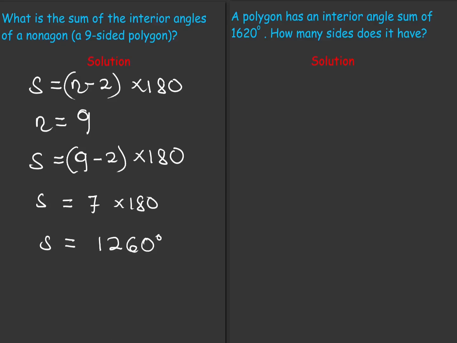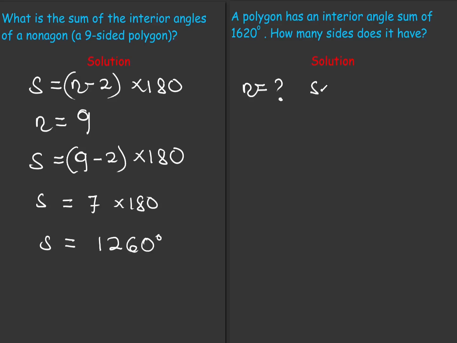So for such an example, we have a polygon that has an interior angle sum of 1620. How many sides does it have? From this one, you realize that we have not been given the sides. That is what we need.